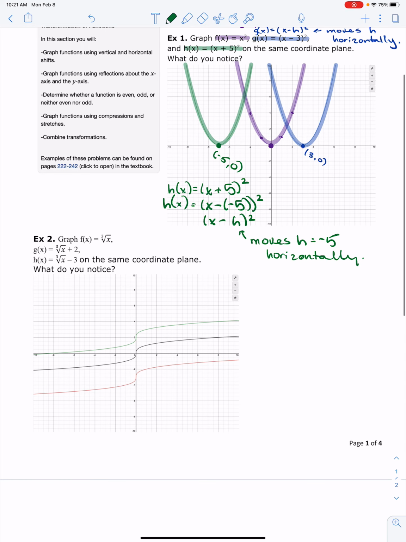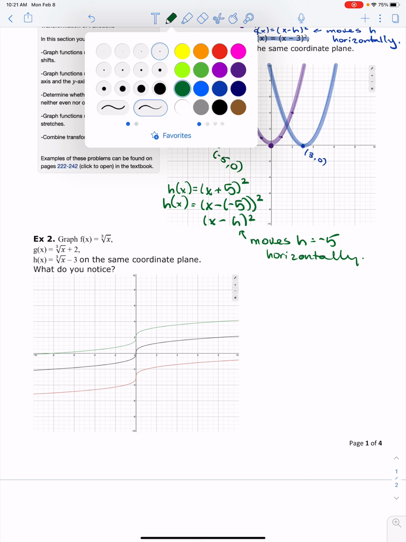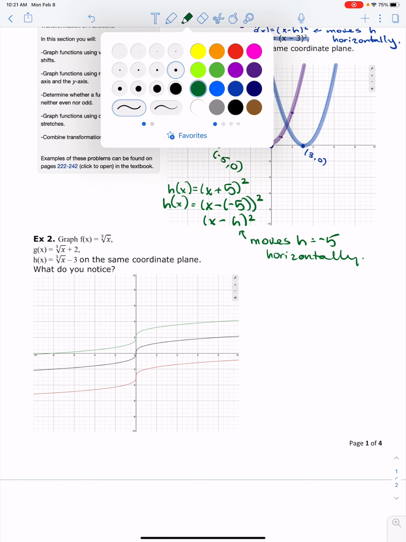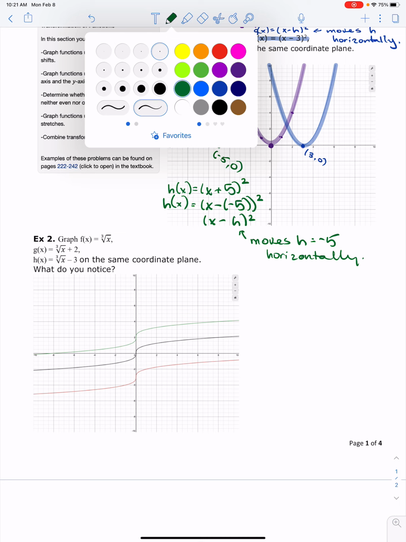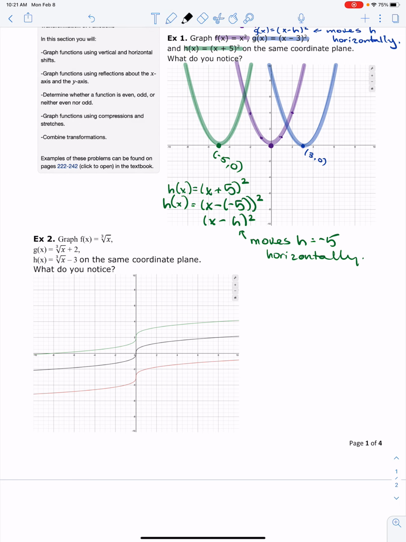Okay. Example 2. So we have got a cube root function. So take a minute, because this is not one that we see a whole lot. So you may not be as familiar as some other ones. Here's our parent function, our f of x.